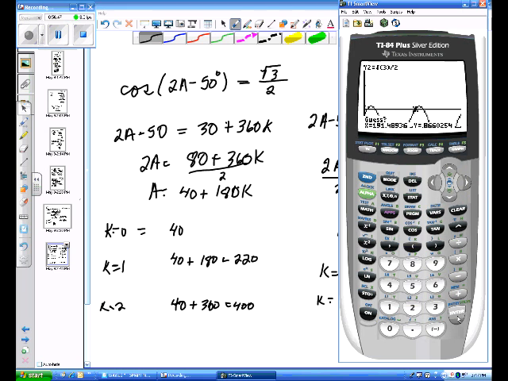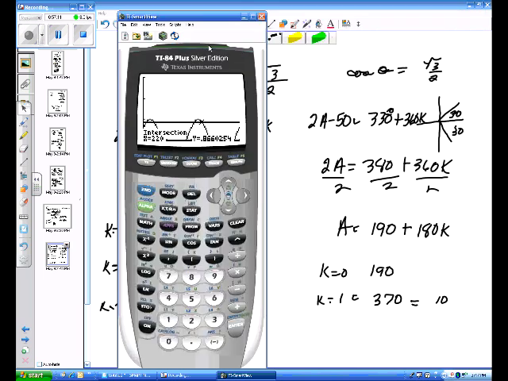Enter, enter, enter, and we get our 190. Enter, enter, enter, and we get the 220. And so that gets all 4 of our solutions between 0 and 360.